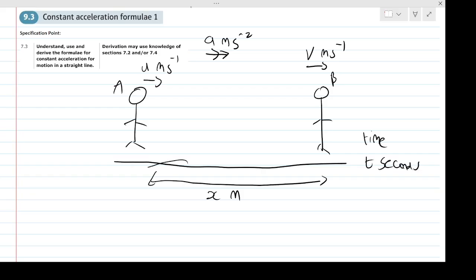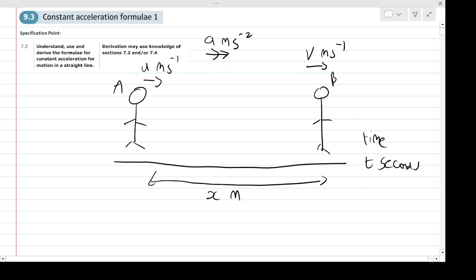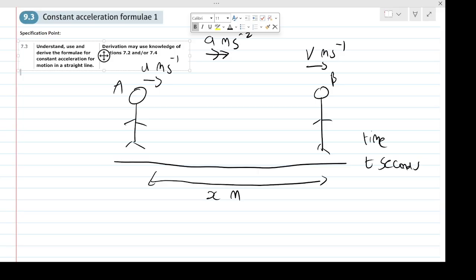So we've got a distance between 2 points. We've got the initial velocity and the final velocity from one point to another, the acceleration throughout and the time throughout, okay? So these 5 ingredients, if you will: the acceleration, the final and initial velocity, so the starting velocity at point A and the final velocity at point B, and the distance throughout.